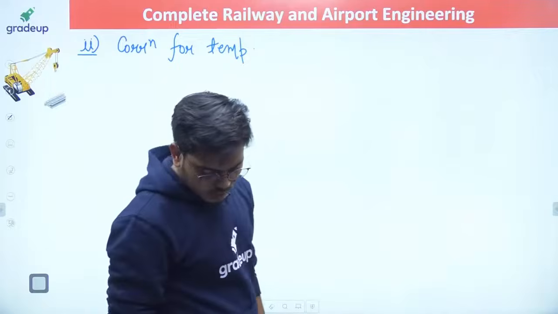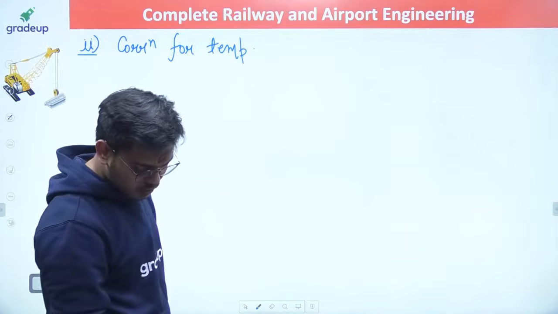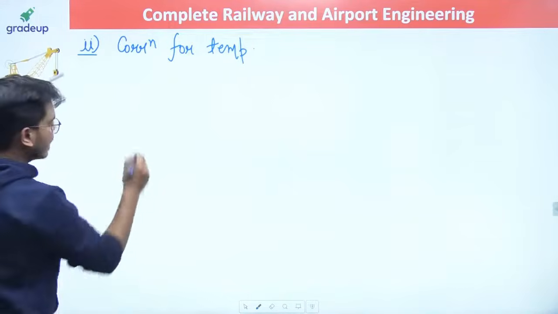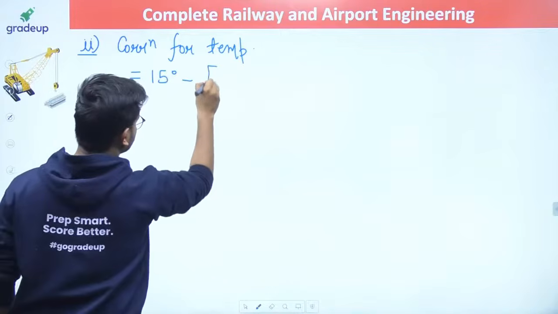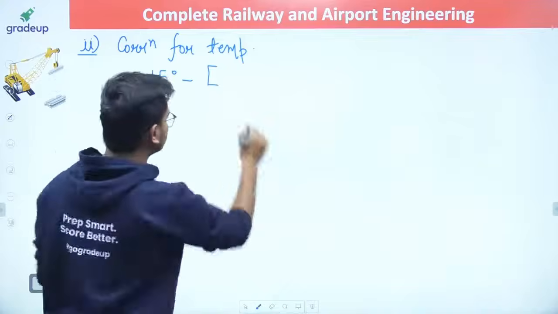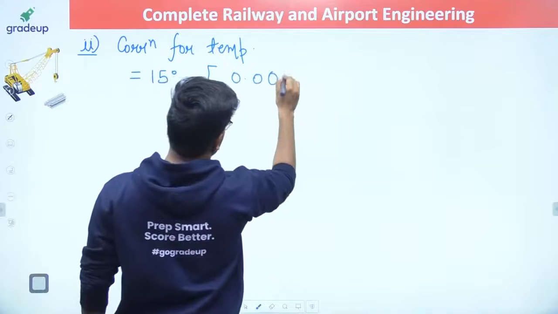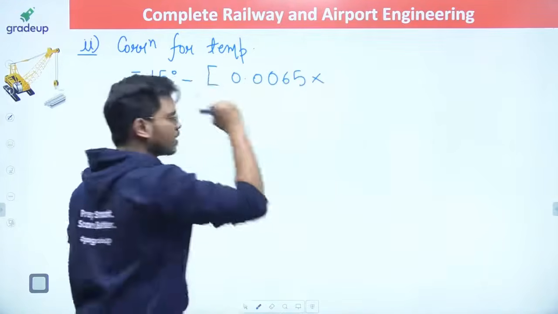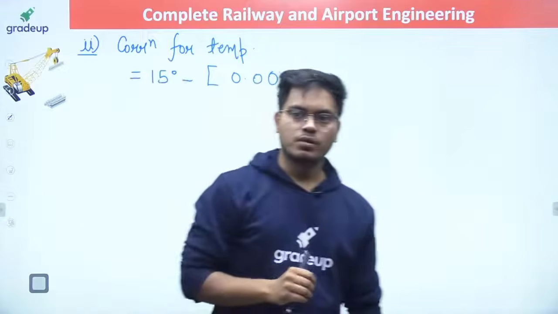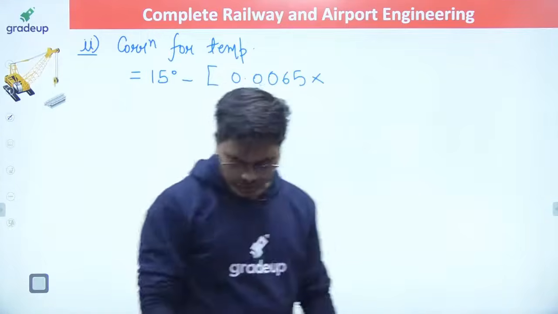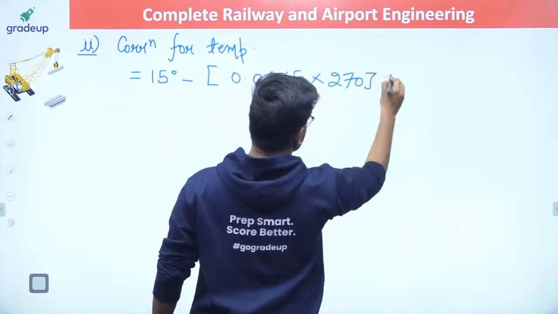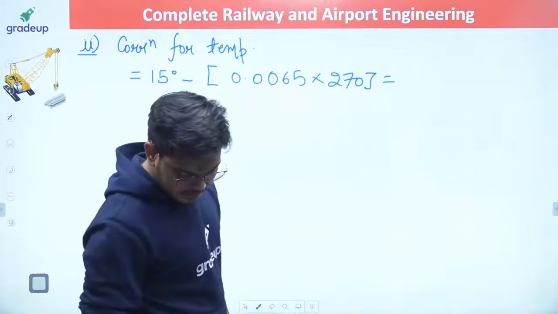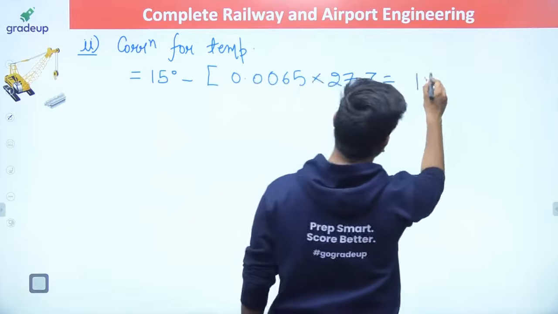So that will be 15 degrees minus 0.0065 into whatever the rise we have from MSL. We had 270 meter. So this value of temperature is coming as 13.24 degrees Celsius.